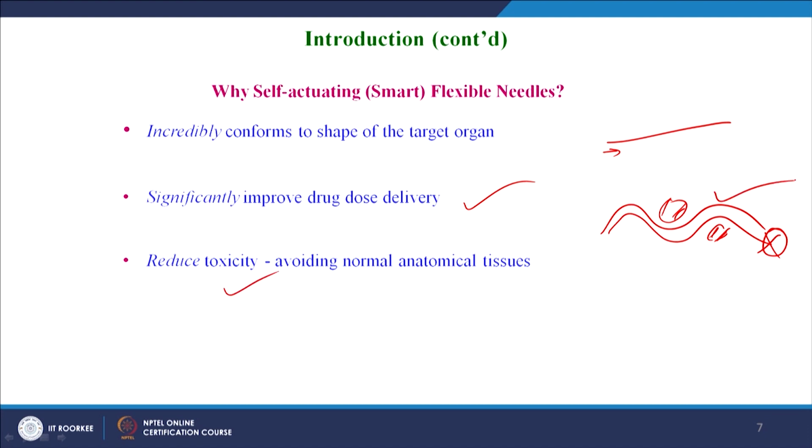Usage of smart needle will reduce toxicity, thereby avoiding anatomical normal tissues or the healthy organs nearby.